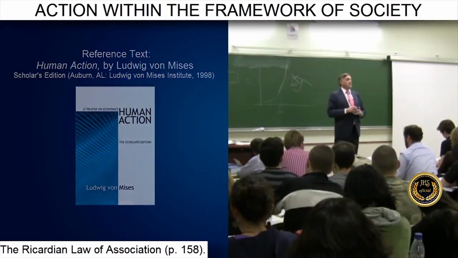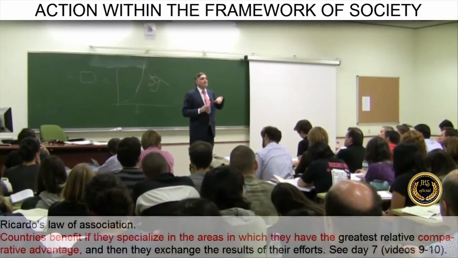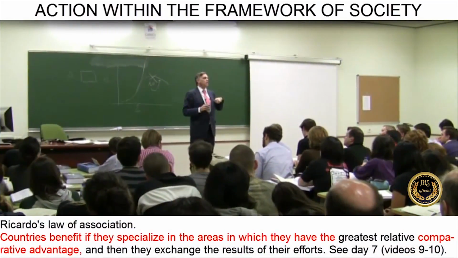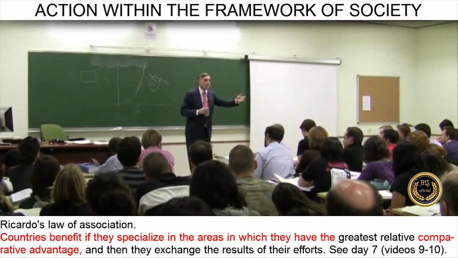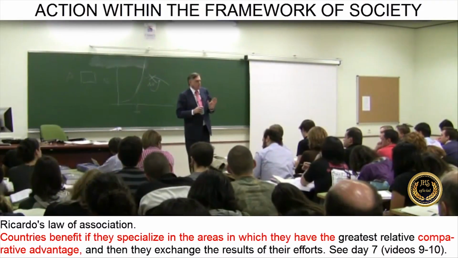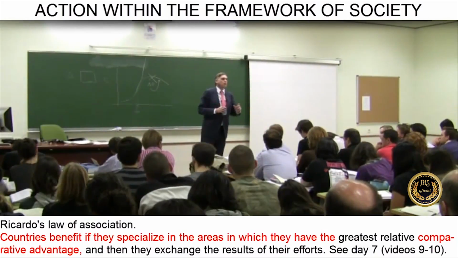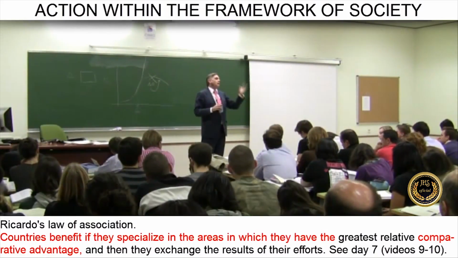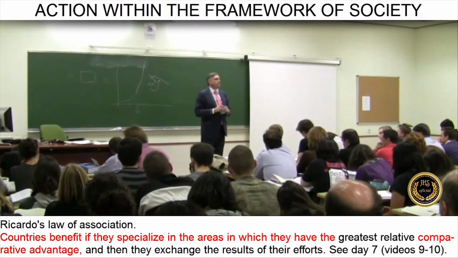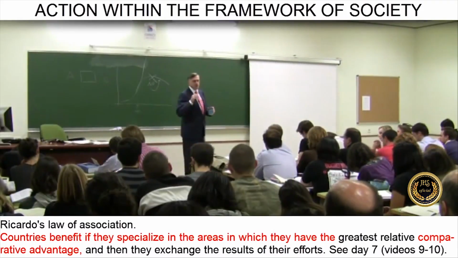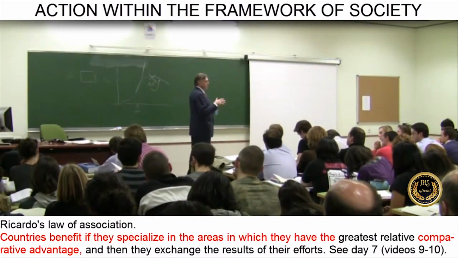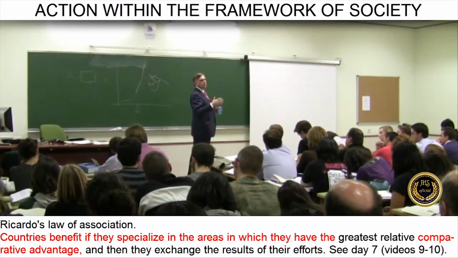His conclusion was that countries benefit if each specializes in the area where it has a comparative advantage. It's just like I was saying before. Human beings benefit if each specializes in the tasks in which he has a comparative advantage, and then exchanges the products of his effort for those of the other person. What is true for individuals is true for nations.